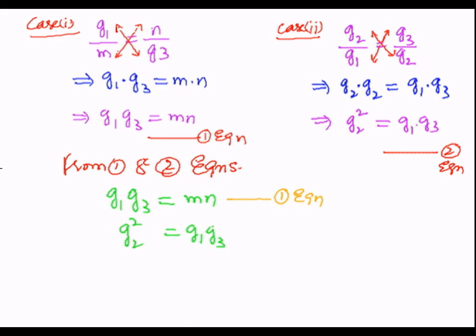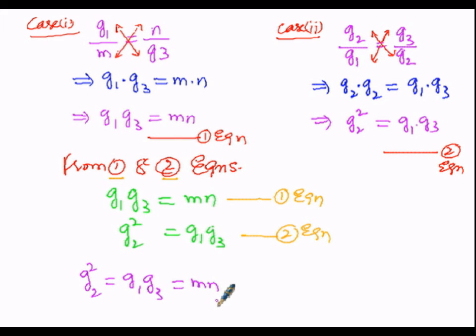Let us write the second one as it is: G2 square equals G1 G3. But this G1 G3 is again equal to Mn. So instead of this G1 G3, I can replace it by Mn.